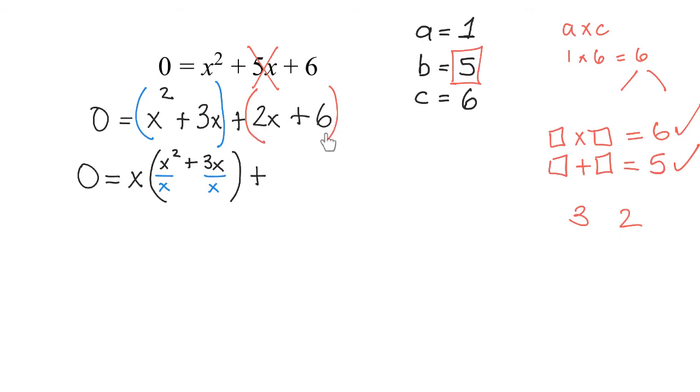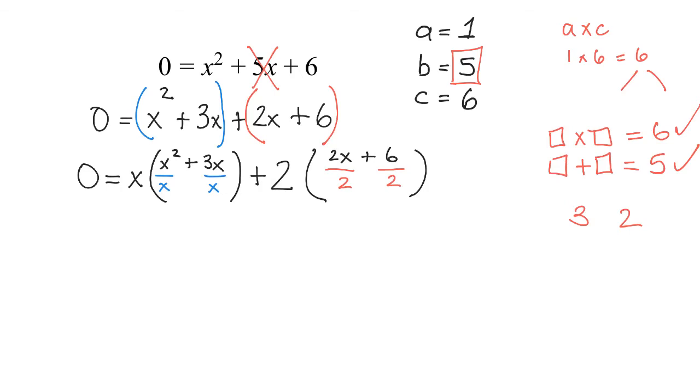The answer to that is no. 2x has an x, but there is no letter attached to the 6, so there are no variables in common. The only thing that they have in common is a 2. So I'm going to write a 2, since that's the common factor here. I'm going to open a bracket, recopy the expression, and each term is going to get divided by its common factor of 2.